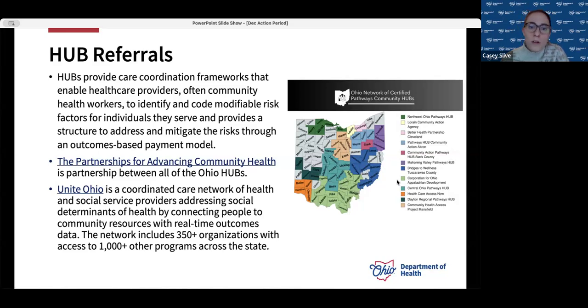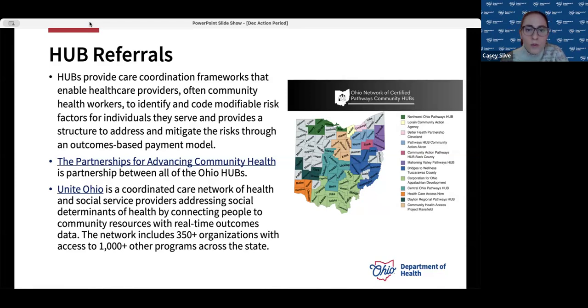There are several different hubs in the state of Ohio, as you can see in this map, and the links provide more information so you can get connected to the hubs in your part of the state. Unite Ohio is a coordinated care network of health and social service providers addressing social determinants of health by connecting people to these resources.